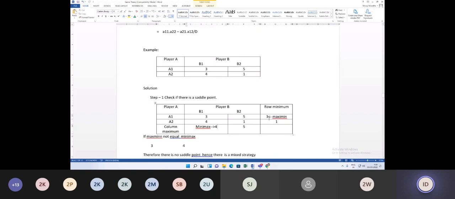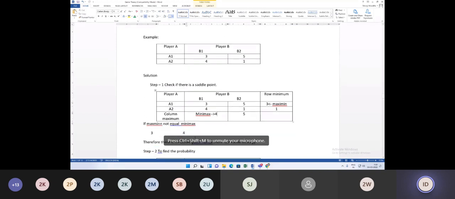Now here we have to test: is maximin not equal to minimax, or is maximin equal to minimax? Is it equal? No, it is not equal. Are you getting it? Because maximin is 3, and is it equal to minimax, which is 4?